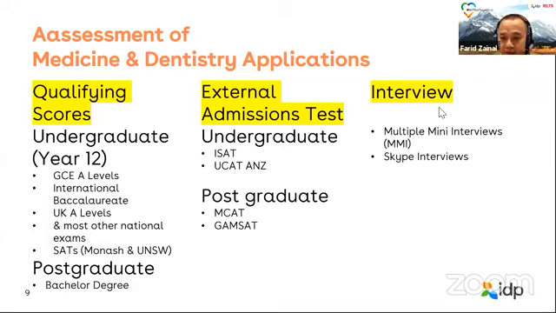For the postgraduate or graduate entry, students can choose to attempt either the Medical College Admissions Test, or MCAT, or the Graduate Australian Medical School Admissions Test, or GAMSAT for short. We get a lot of inquiries as to which test they should attempt.